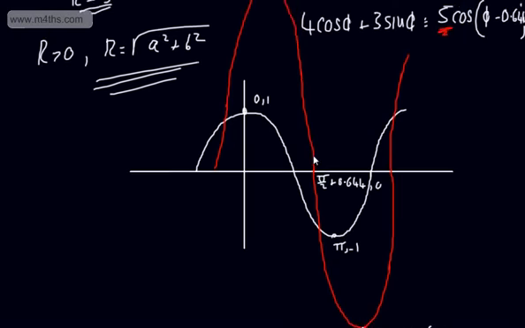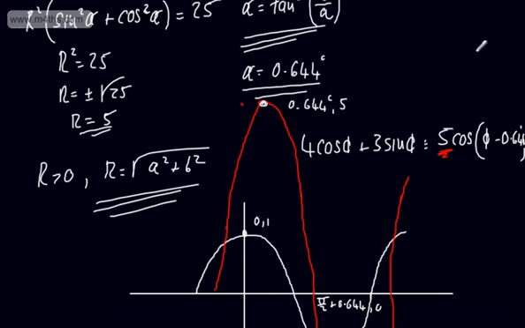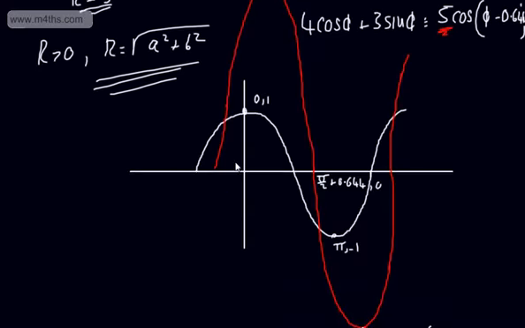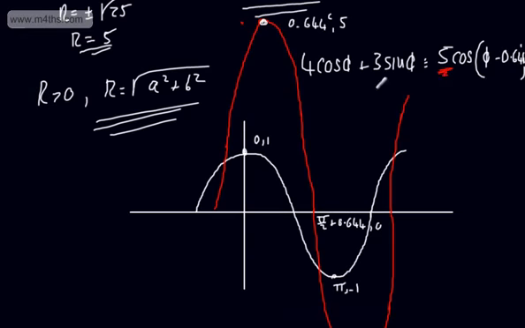So all we've done here is put a scale factor stretch on of 5 in the y direction, and then now added 0.644 radians to each of the coordinates, the x coordinates, or the values of theta. So this is a rough sketch, and you may be asked to show now what this looks like. So that's now 4 cos theta plus 3 sin theta, or 5 cos of theta minus 0.644 radians.